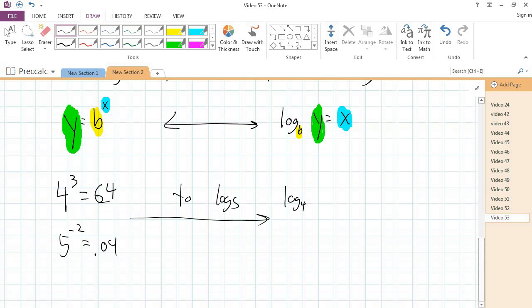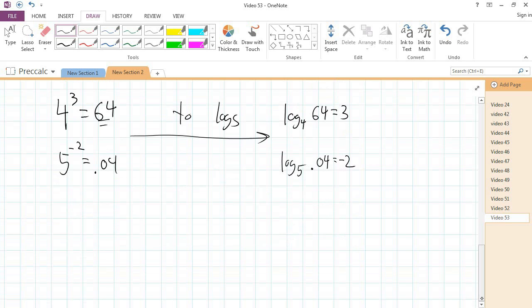The answer to the exponential is the input. It's what we take the log of. And the exponent is the answer to the logarithm. So hit pause and take a quick stab at this second one here. Okay, I'm doing log 5 as a base. My answer is what I'm taking the log of, and the exponent is the answer of my logarithm.